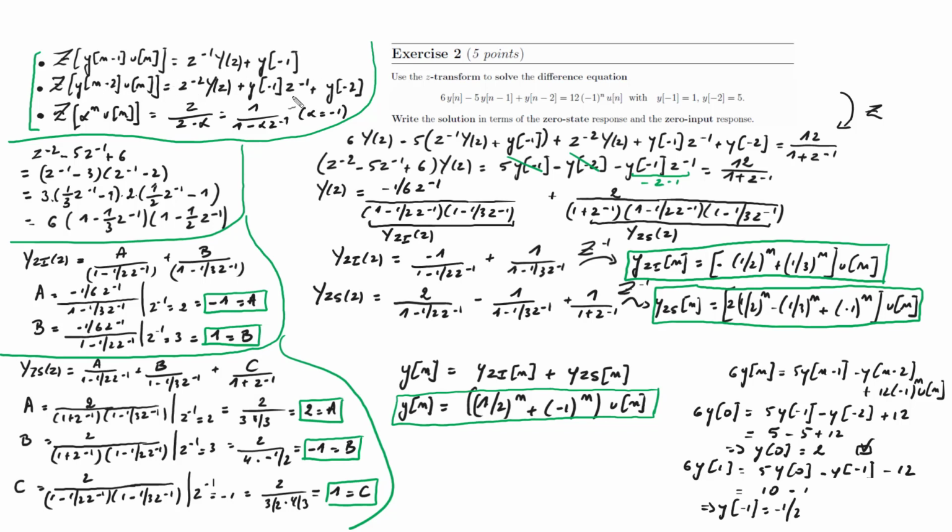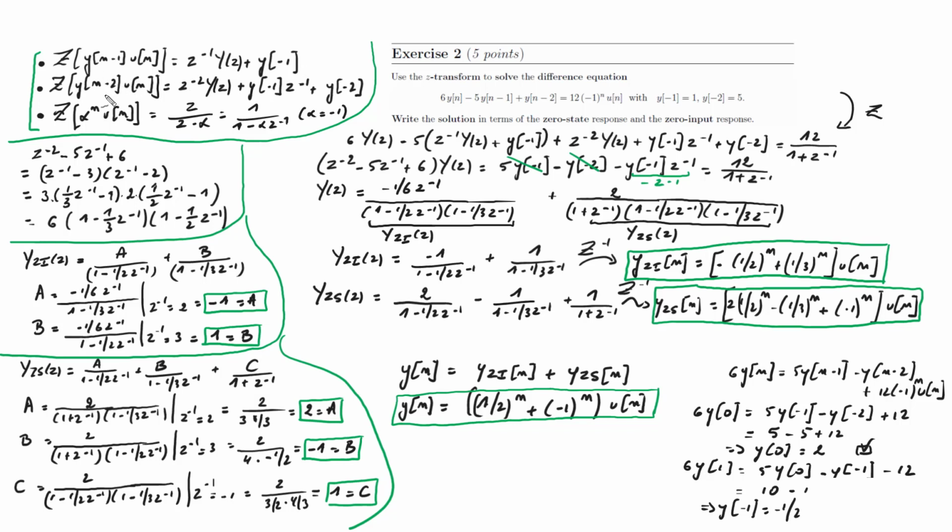And of course you have the influence of the initial conditions. Here you shift once to the right, so what was in position minus 1 will appear in position n equal to 0. So you'll have something that is added, y minus 1, z to the 0, right?